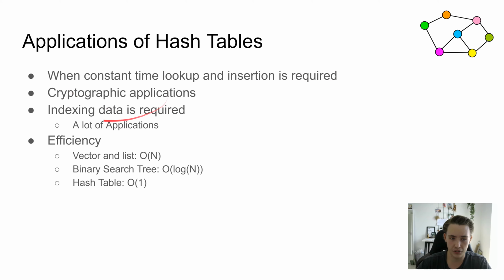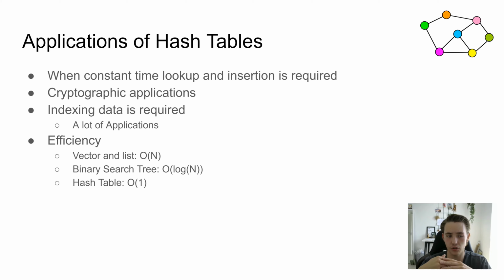Also if we are doing some applications with cryptography, hash tables are very useful, or if indexing data is required. So if we have some data that we need to index and know what the index is, we just use that in a lot of applications, and that is why hash tables are such a useful data structure to know.